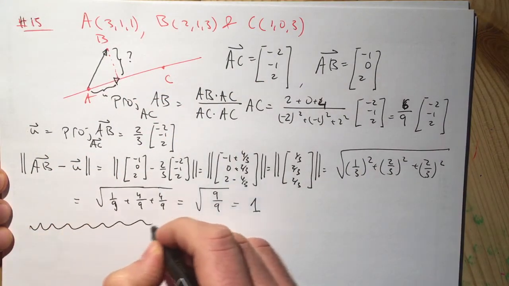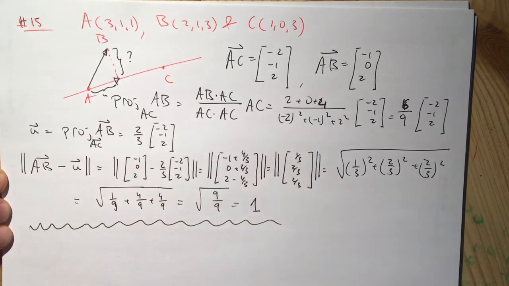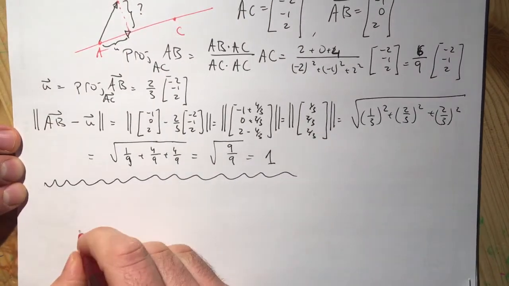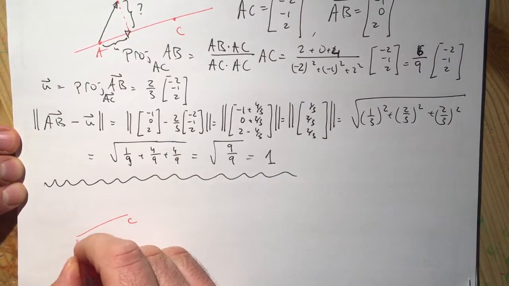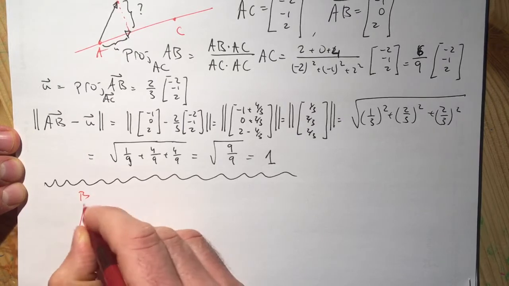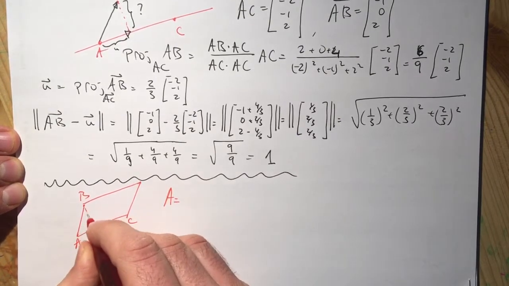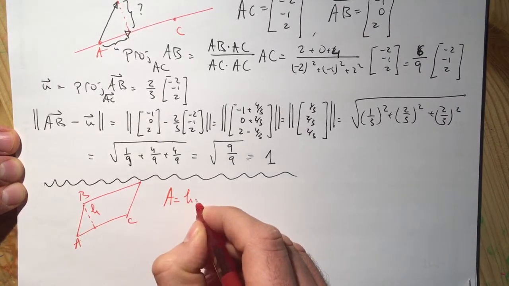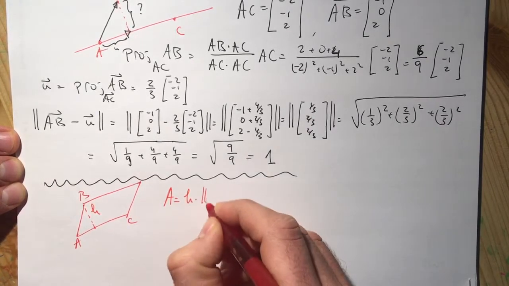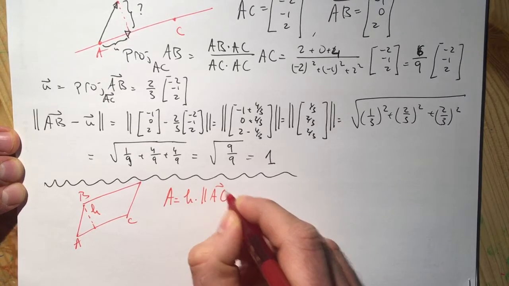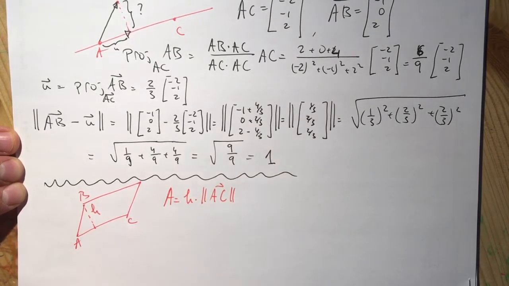There is another way how you can evaluate this. If you consider this parallelogram, so let's sketch just another. So C, A, and B. Okay, so the area of this parallelogram is the height h times the norm of the vector AC, right? So h times AC.